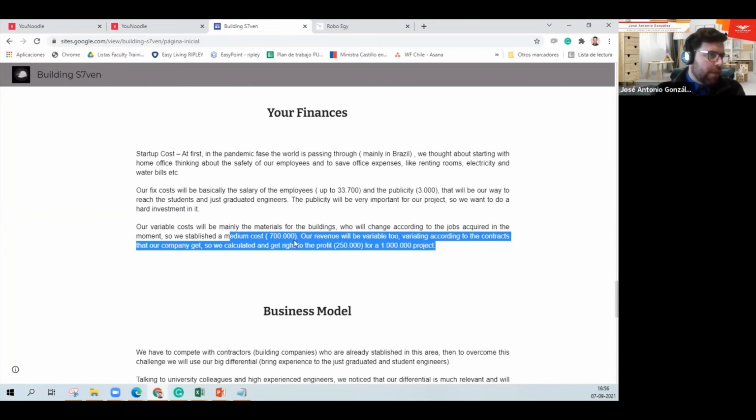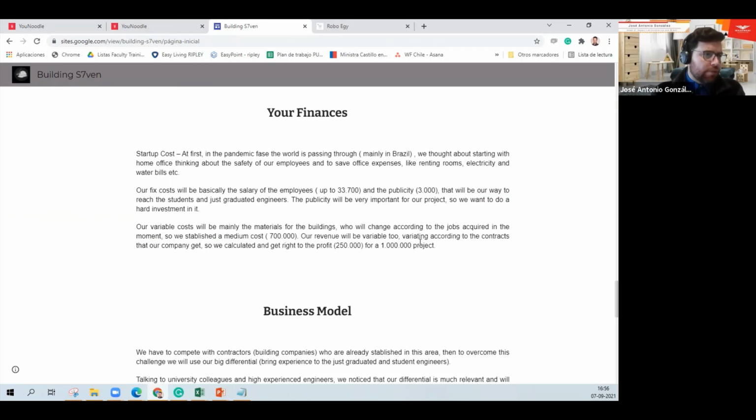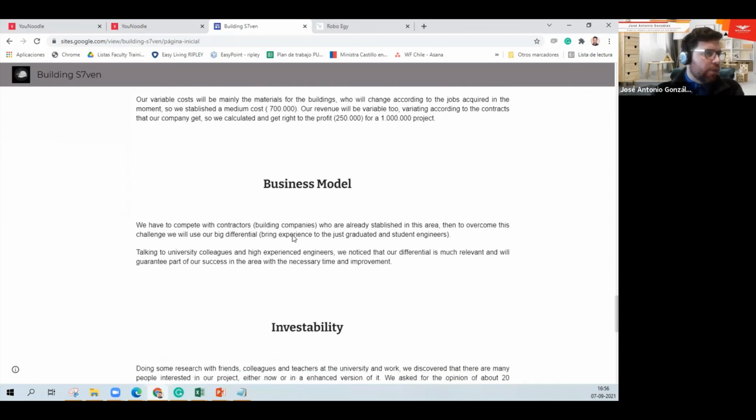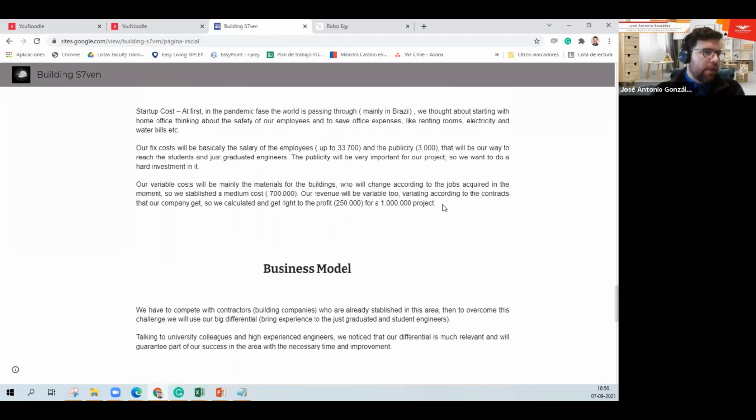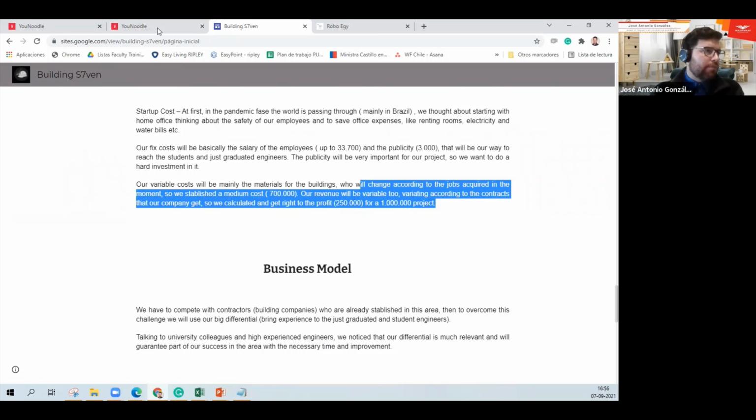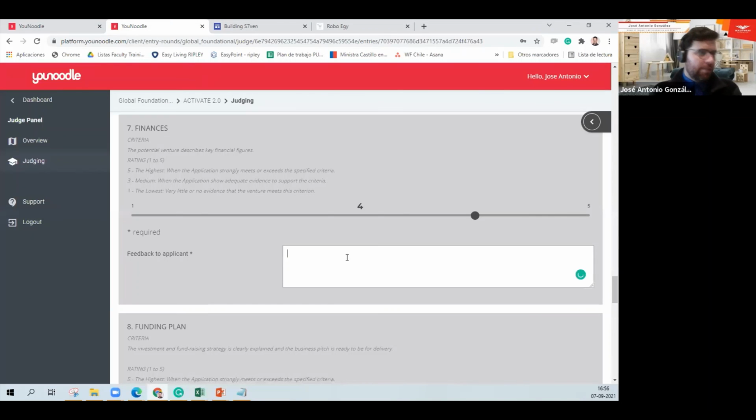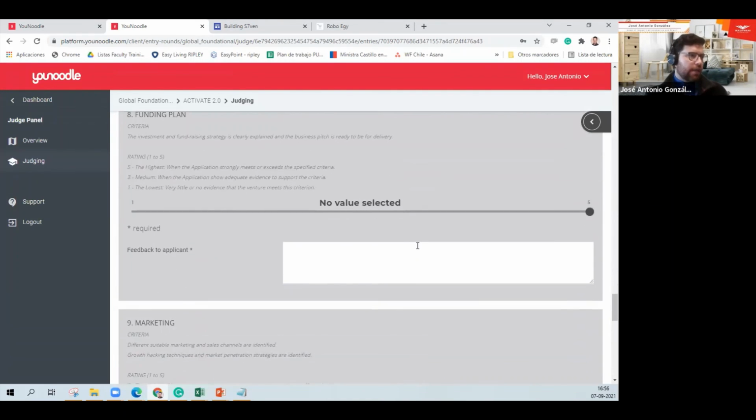Okay, our revenue will be variable too, varying according to the contracts. Okay, we understand. This we will have to review further, so I'll keep it pending for now. I will say it's a 3 or 4, but still I need to check it.